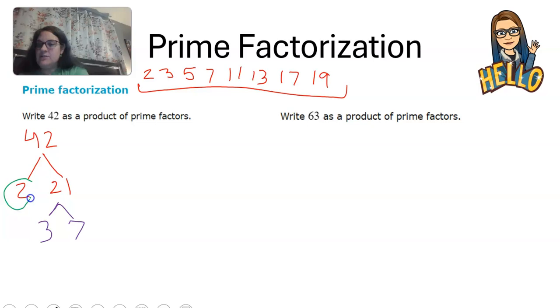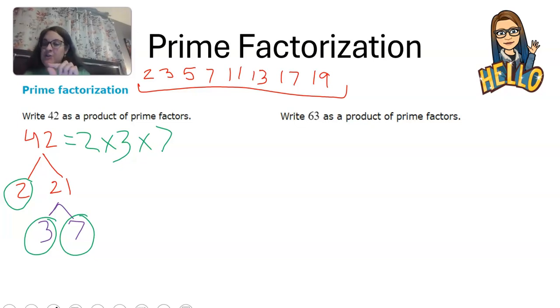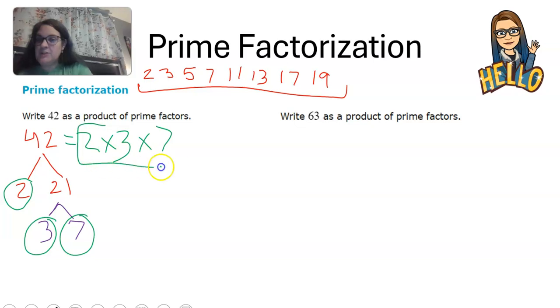So we have 2 times 3 times 7. So 42 is equal to 2 times 3 times 7. 42 as a product of prime factors would be equal to 2 times 3 times 7.